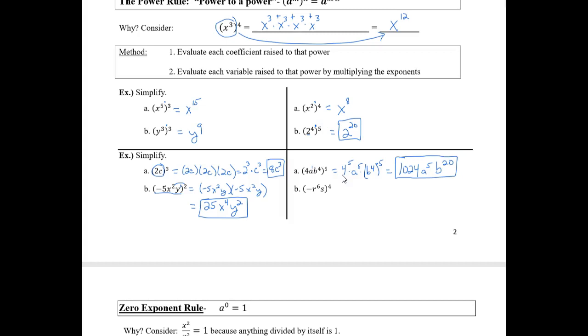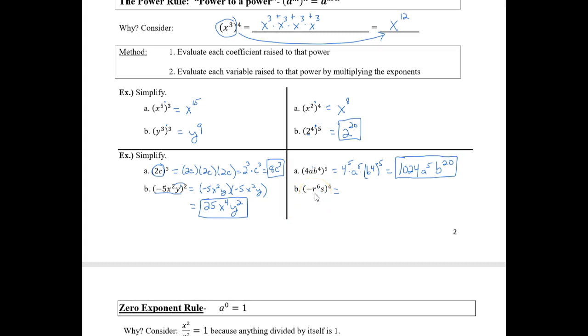Last example, negative r to the 6th times s, that whole quantity, to the 4th power. Everything in there is being taken to the 4th power, including this negative. If I had 4 negatives, does it end up positive or negative? So if there's 4 of them, it should end up positive, right?